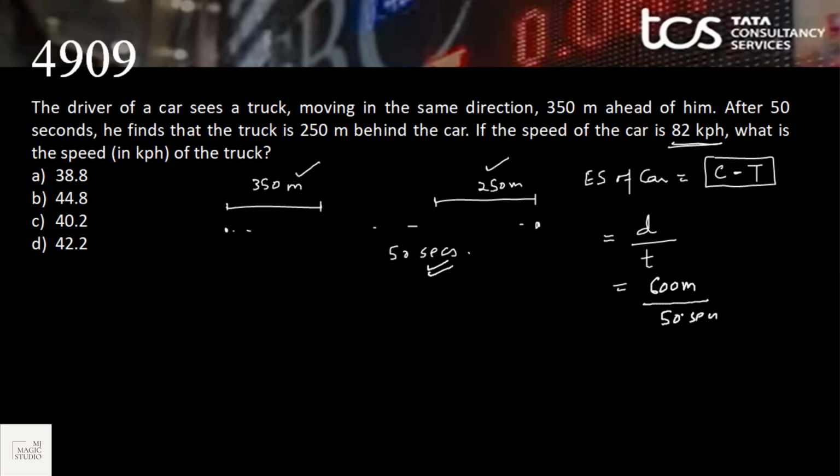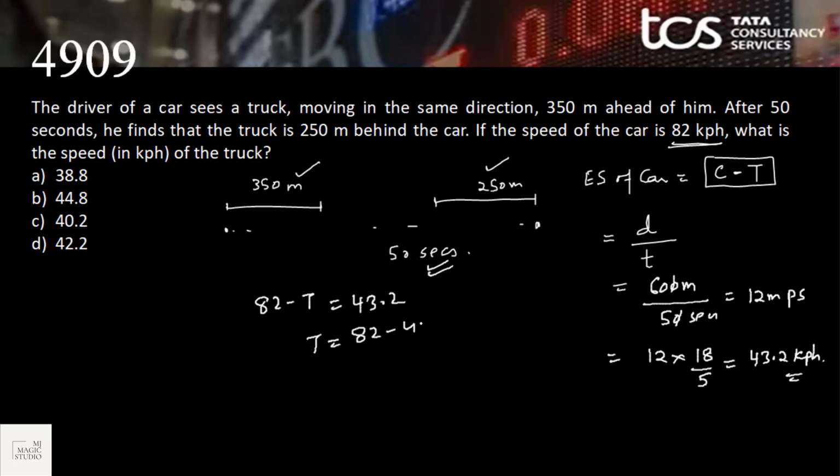So the effective speed of the car is 12 meter per second, which when converted into kilometer per hour by multiplying by 18 by 5, gives 12 into 18 by 5, 43.2 kilometer per hour. So C is 82 minus T equals 43.2.